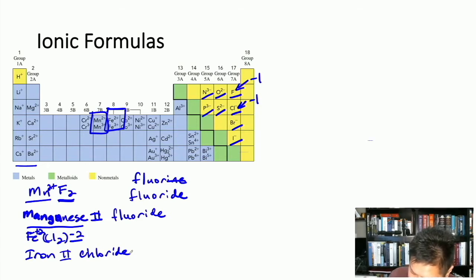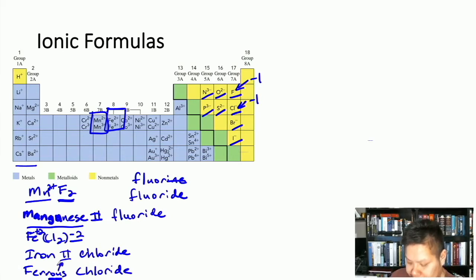Instead of calling it iron 2, we could call it ferrous chloride. So ferrous, this suffix, means the same thing as a 2 charge, right?